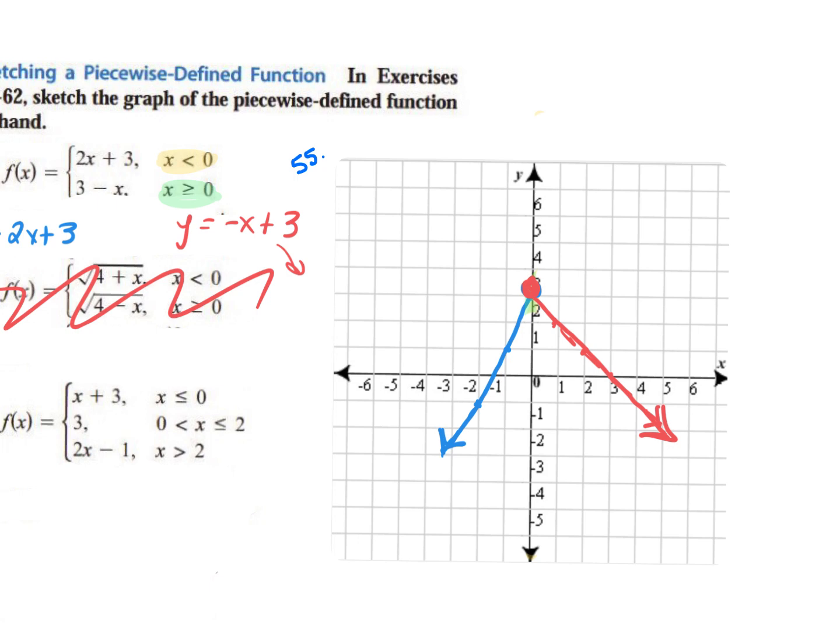So what's going to show up on your graph is your closed dot. But understand that 0 is included in the red one, but not included in the blue one. But your piecewise function is just going to be a couple pieces of different graphs. Does that make sense? If you guys saw this last year, it's a good review. If you didn't, then we're going to learn it real quick.